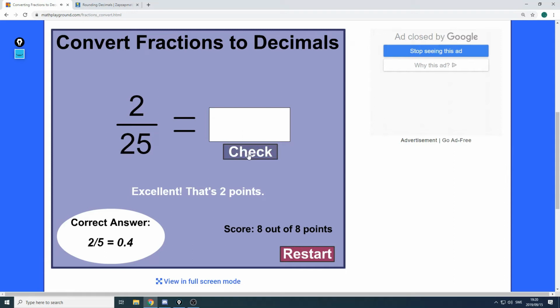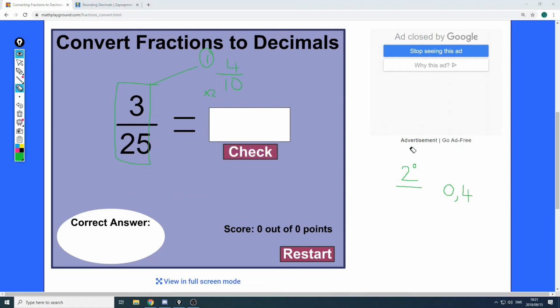Okay, let me try and find something that's not as straightforward as that. Let's say we want to do that same technique again, where we are dividing the fraction instead of just changing it to something over 100 or something over 10. If I had 3 and I was trying to divide the number 25 into 3, I couldn't do it. 25 is way too big.